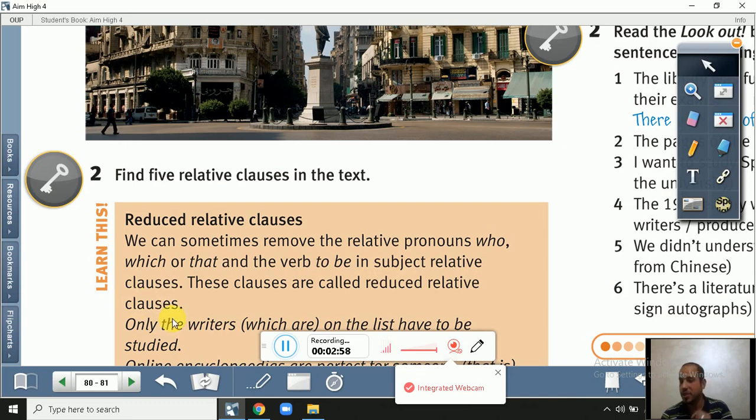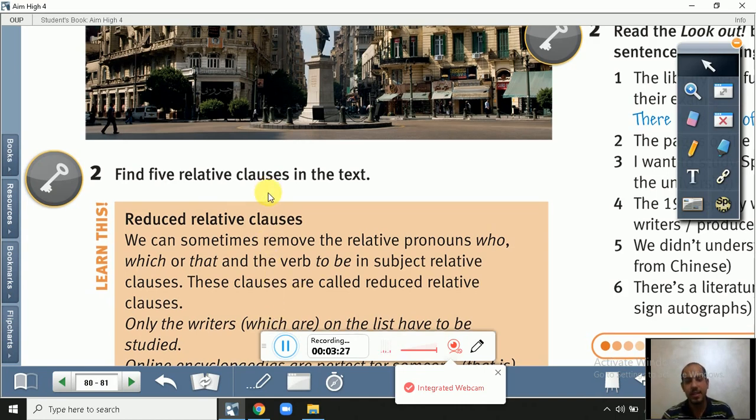We are going to mention an example, and our lesson will be so easy. Now, because we have deleted the relative pronoun and the verb to be, the new title for this clause is the reduced relative clause.